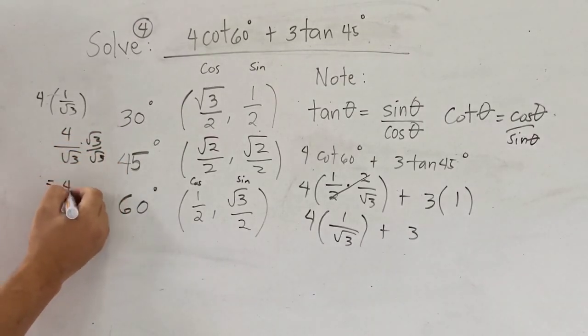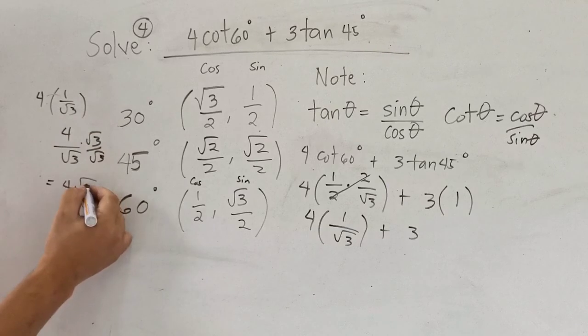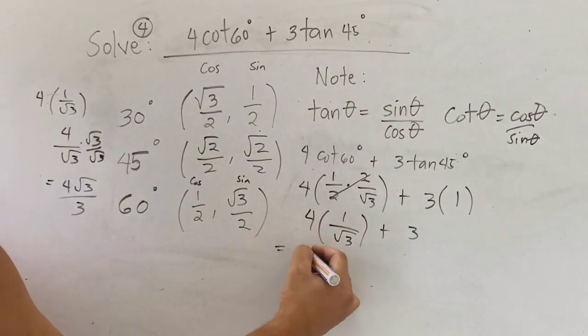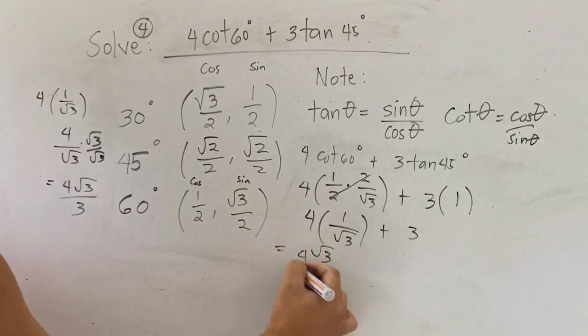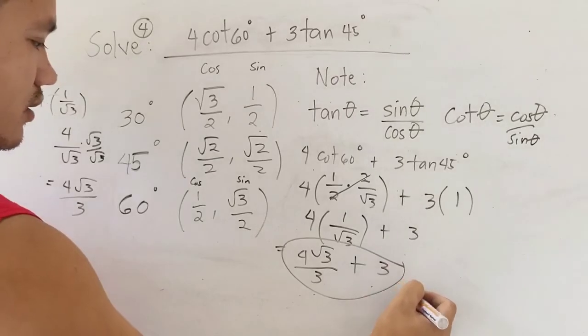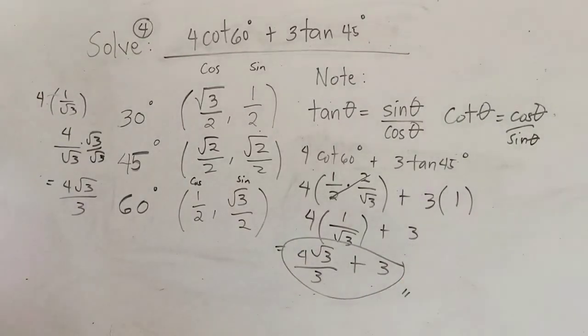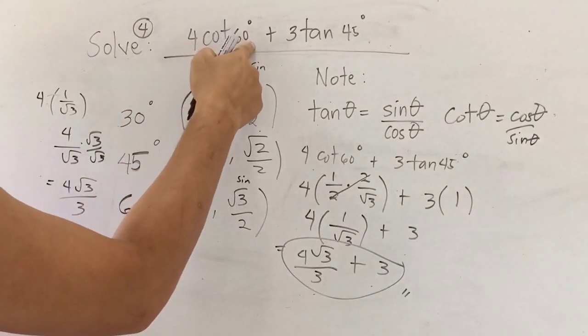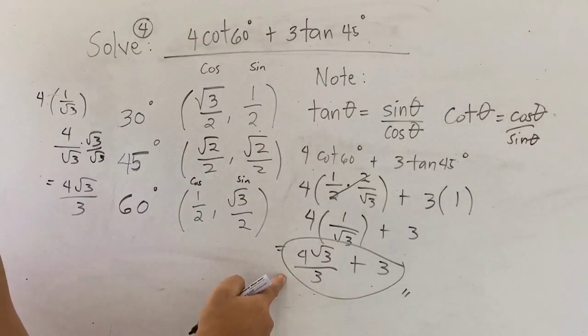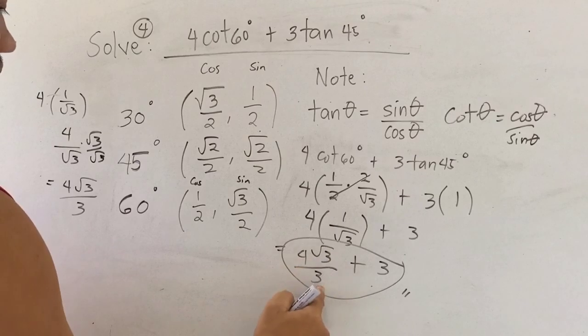Kaya ang magiging sagot, 4 square root of 3 over 3, plus 3. Ito na yung ating sagot. Therefore, 4 cotangent 60 degrees plus 3 tangent 45 degrees is equal to 4 square root of 3 over 3 plus 3.